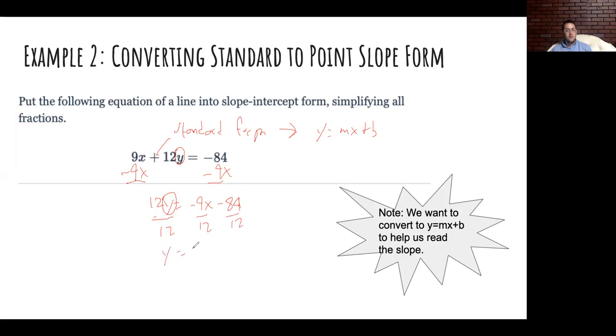So I'm left with y equals negative 9/12 x minus 84 divided by 12. So if you go to your calculator, 84 divided by 12 is 8. And it's asking us for simplifying all fractions. So 9/12 does simplify to 3/4.